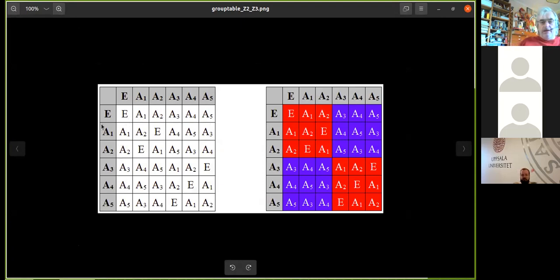One of the possible fillings of this 6th order group table is like it's shown here. So E, A1, A2, A2, E, A1, this is okay. Or if you color it, you will see that you have a structure here. This 6th order group is actually repetitions of a 3rd order group with, in a way, different symbols.